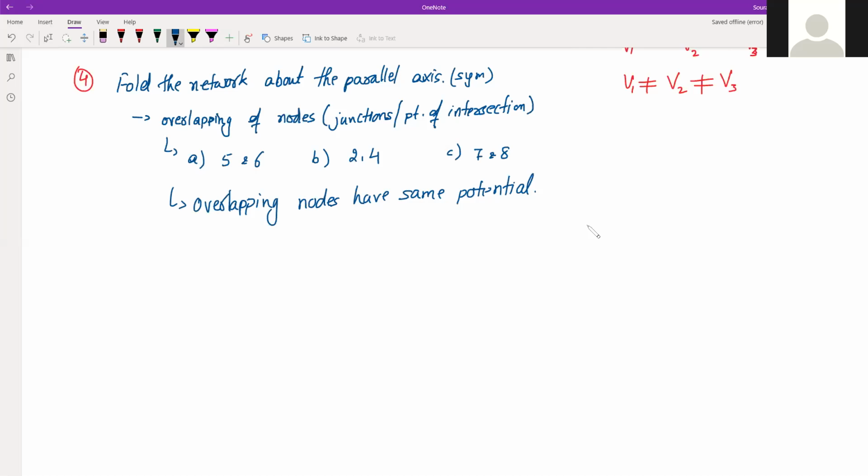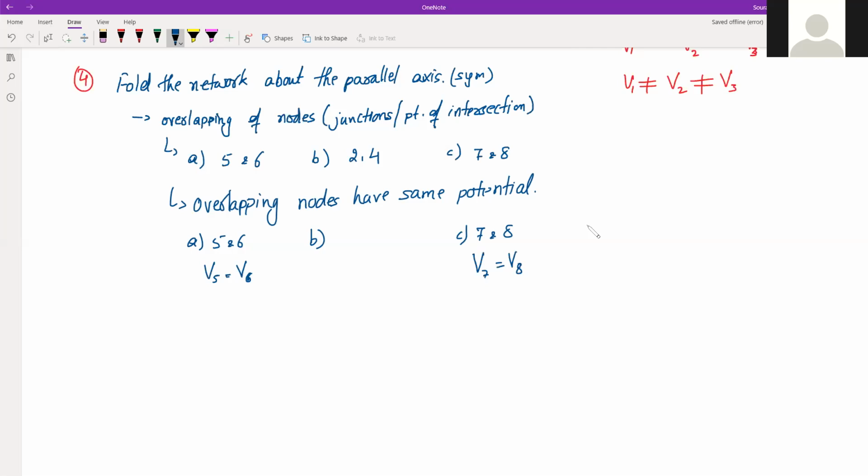So that means A is 5 and 6, B we will come to later, C is 7 and 8. That means V5 is equal to V6. Potential at 5 is equal to potential at 6. Potential at 7 is equal to potential at 8.